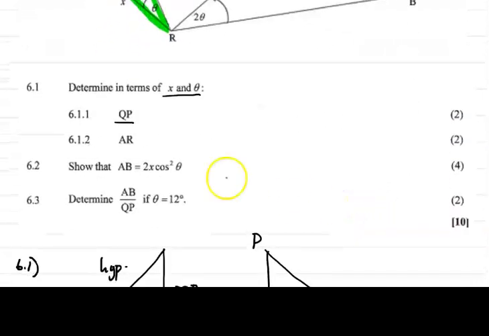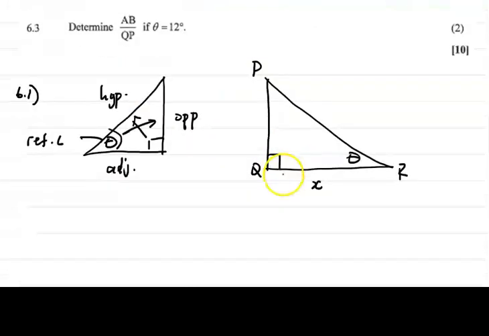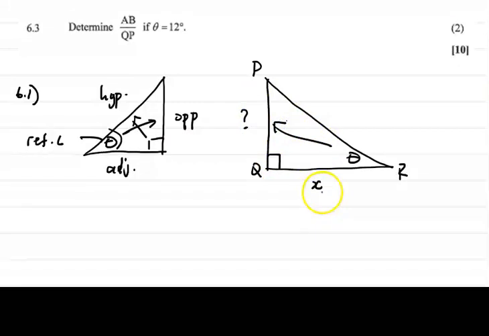Now what do they want? They want us to determine QP in terms of X and theta. So we need this side over here, that's our opposite side, and X is our adjacent side. Looking at the acronym SOHCAHTOA, for the opposite side and the adjacent side, we will use tan.